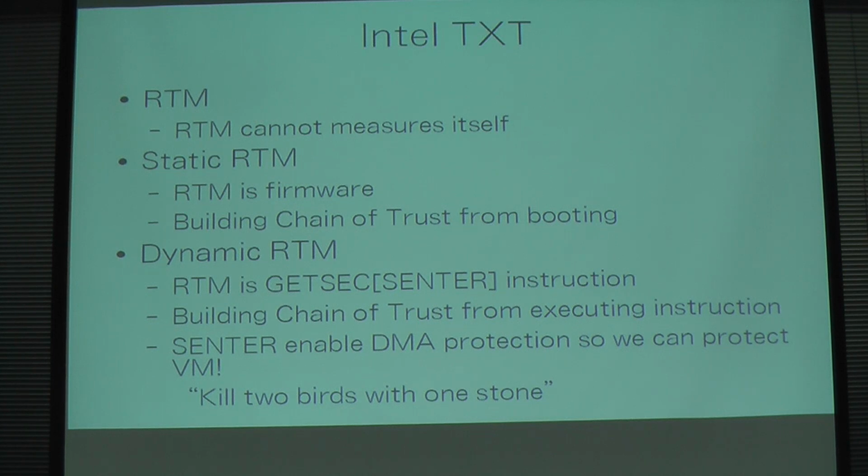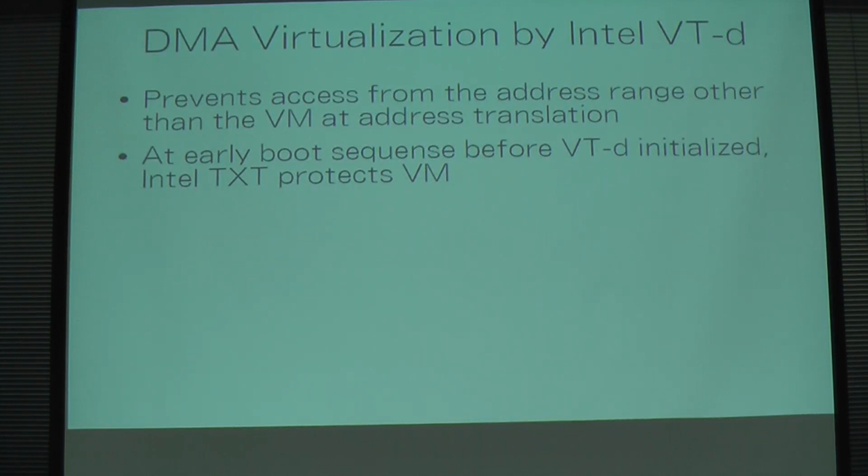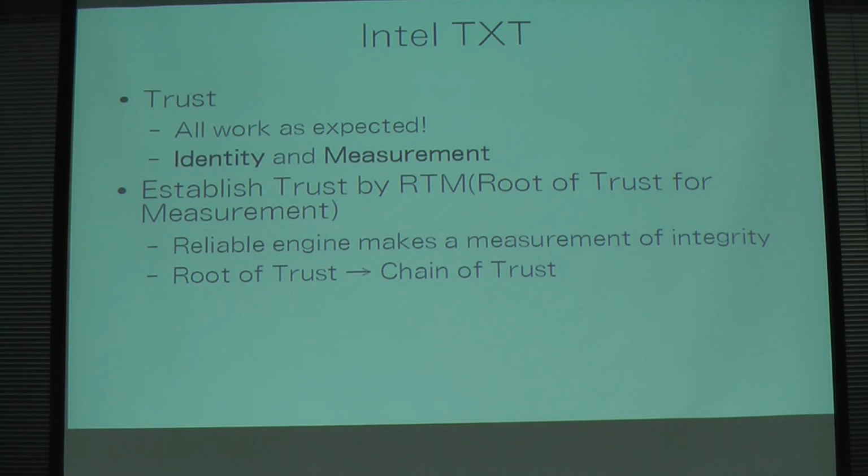It uses the GETSEC instruction and builds a chain of trust from executing this instruction. This GETSEC instruction enables DMA protection, so we can protect the VM. This is a Japanese proverb, kill two birds with one stone. We have to use Intel VT-d, but Intel TXT's DMA protection solves this problem.